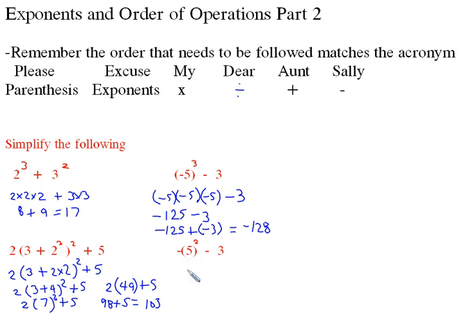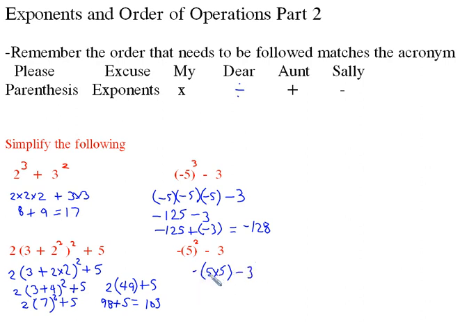This one here, negative 5 to the second power, take the negative of it, minus 3. So 5 to the second power is just going to be 5 times 5. Remember, we're taking the negative of that, minus 3.